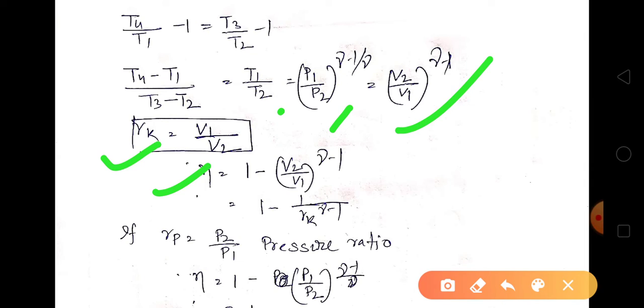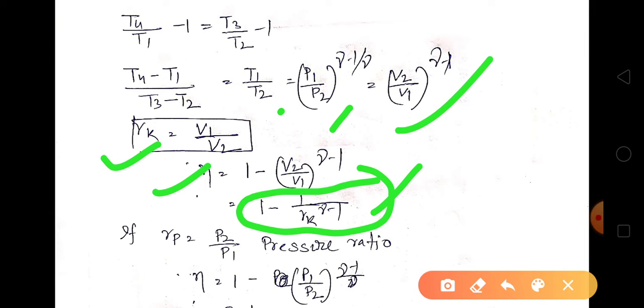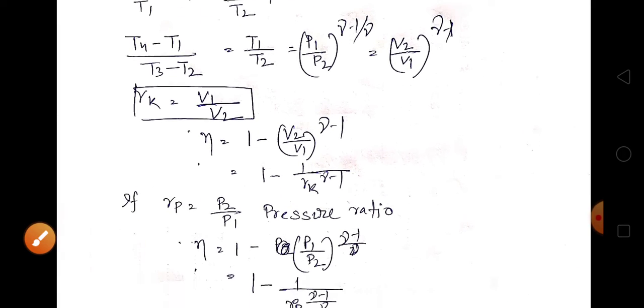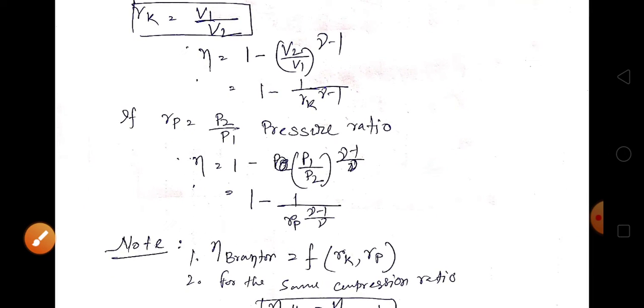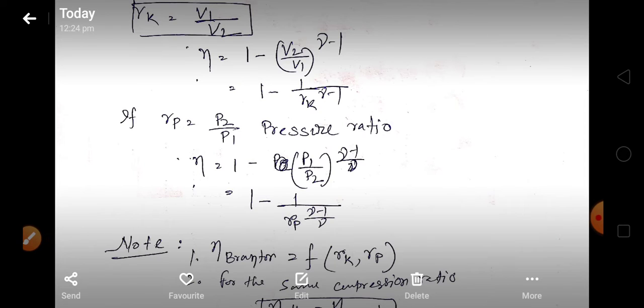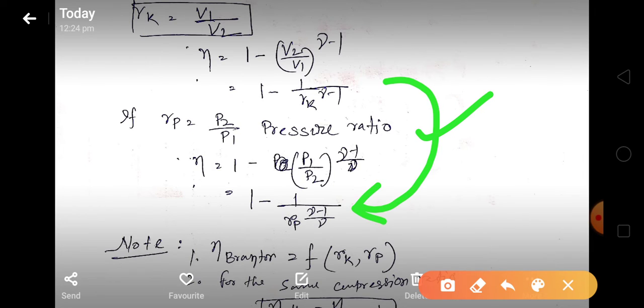Now if you replace it by rk, the compression ratio, then the equation becomes this. So this is the efficiency of the Brayton cycle. Now if you introduce another term, that is pressure ratio, the ratio of P2 by P1, and replace the compression ratio by the pressure ratio, then the equation becomes this.